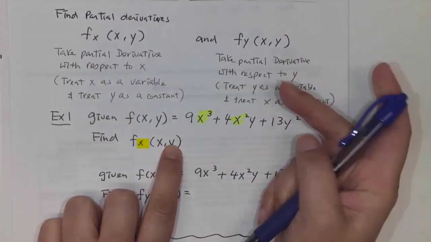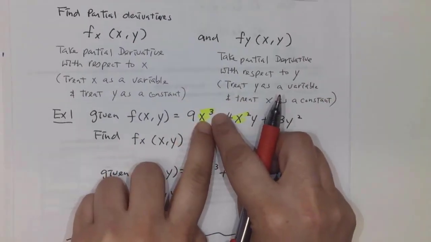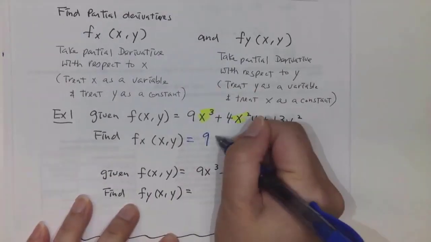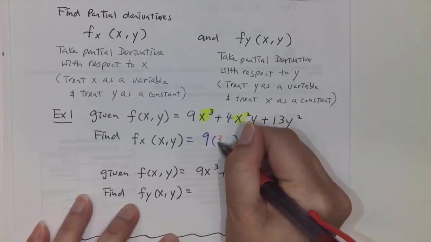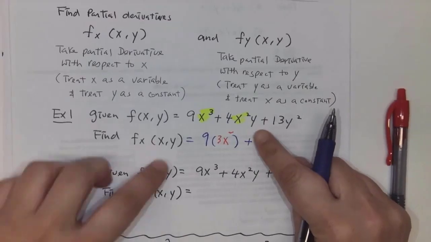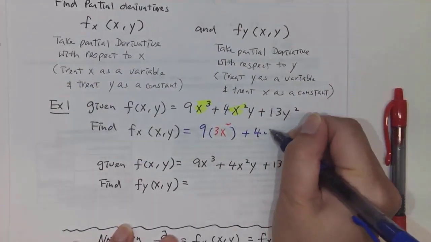This is the variable. How do you take the derivative of x cubed? That's going to be 3x squared. Because this is 9 times, this is 3x squared. And then be careful with the next part. We're treating y as constant, so it's going to be 4y. You bring it down, right?